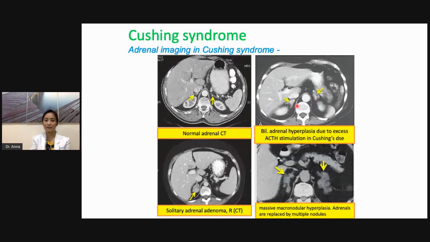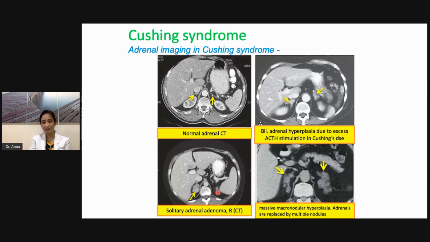So this is a patient with ACTH dependent Cushing syndrome. You might be misled if you do an abdominal CT scan and you see adrenal gland enlargement from the excessive ACTH stimulation. You might think that this is an adrenal Cushing's and take out the adrenal glands, when in fact the source is actually your pituitary.